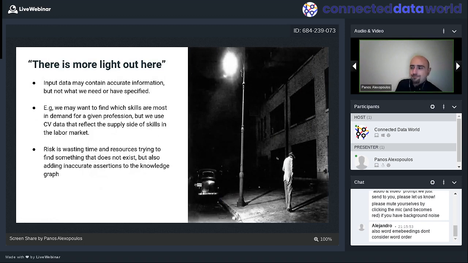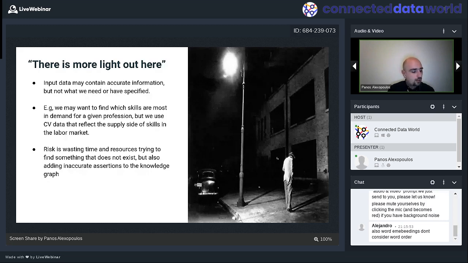I don't know if you know the joke that says someone walks into a dark street and sees someone looking around a lamp. He goes and asks him, "Okay, what are you looking for?" "I'm looking for my keys."